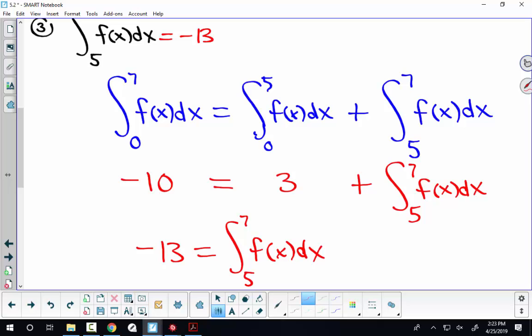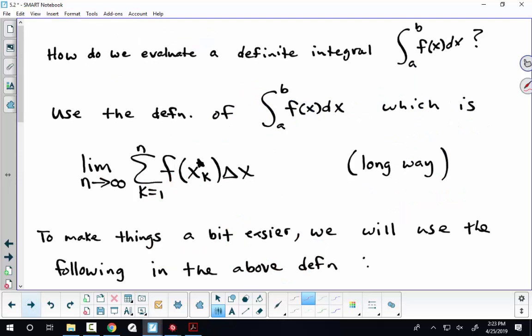All right, so those properties out of the way, then we'll look at how we actually evaluate that when it's not a geometric figure. And the way we have to do that is we have to go back to the definition, which is this limit of the sum. We have to figure out what all that stuff is.